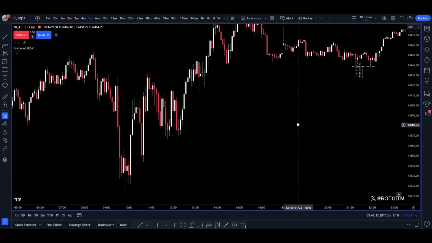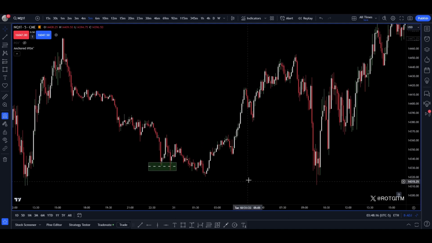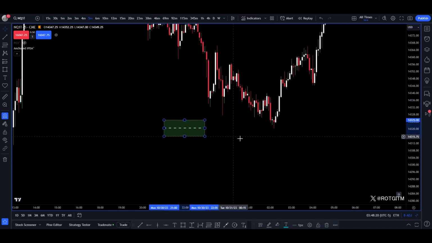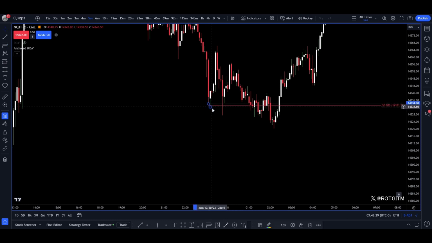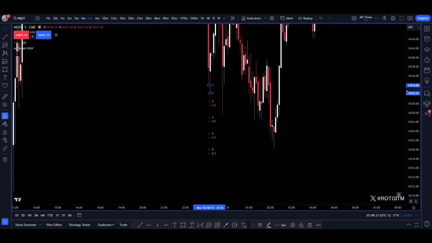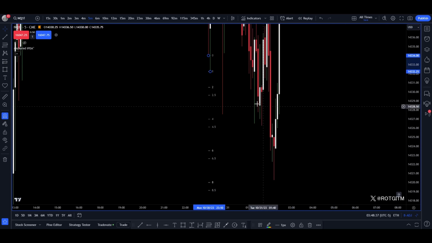All I'm saying is you see what I just showed, so you can go back and look for yourself. Here's another one. Low, come off of it, made another low. And then our final low is right on our 8 standard deviation.